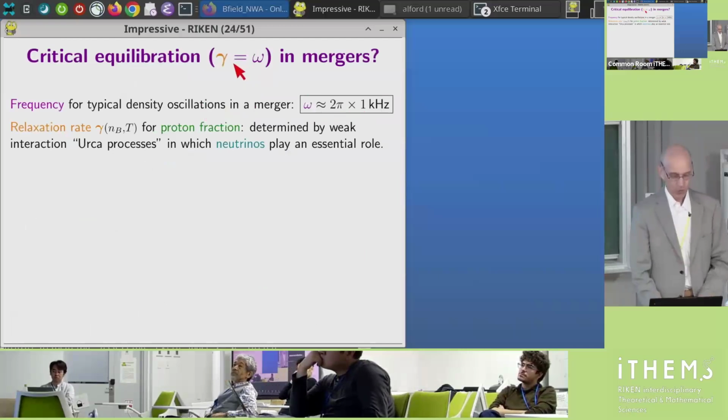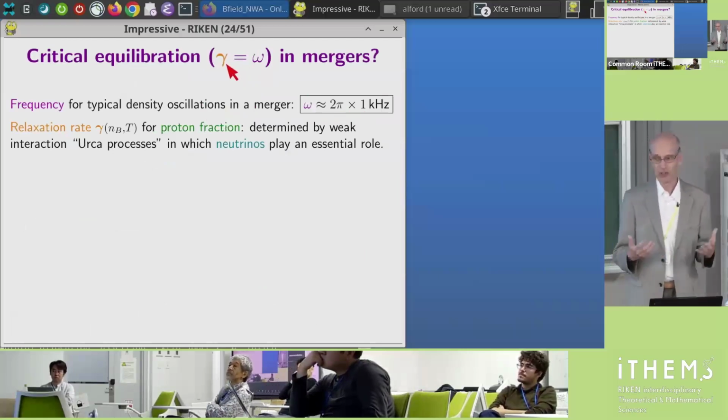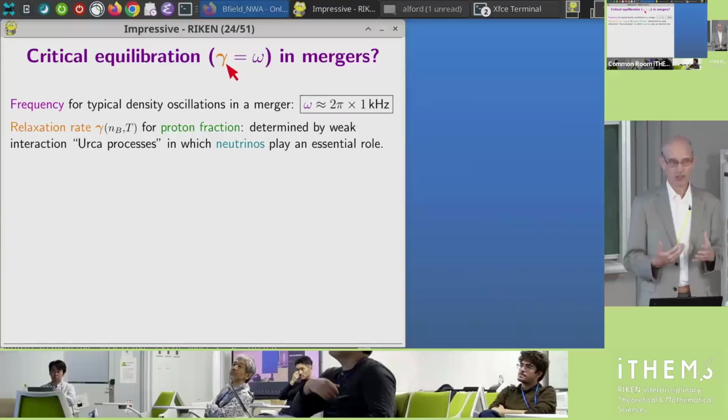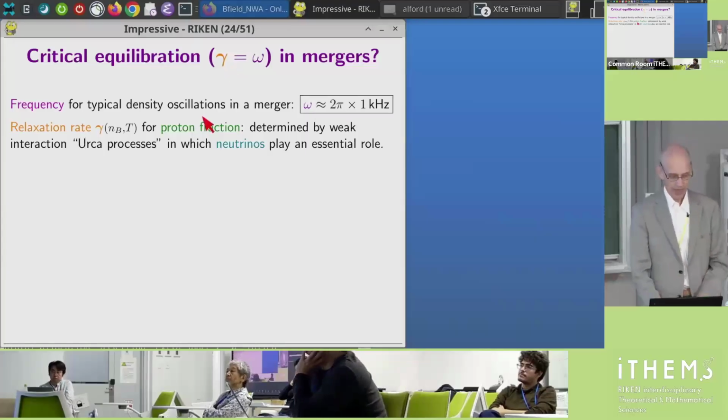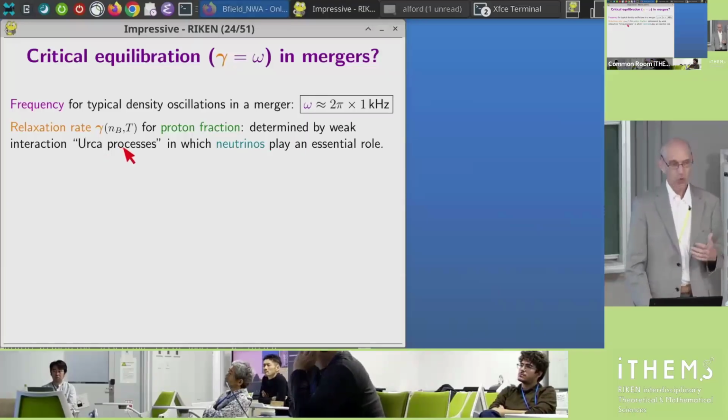We need to calculate how quickly the proton fraction relaxes in nuclear matter. And that is determined by the weak interaction, because that's the only interaction that can do this. In particular, what are called Urca processes, in which neutrinos play a role. So it's actually quite difficult in general.